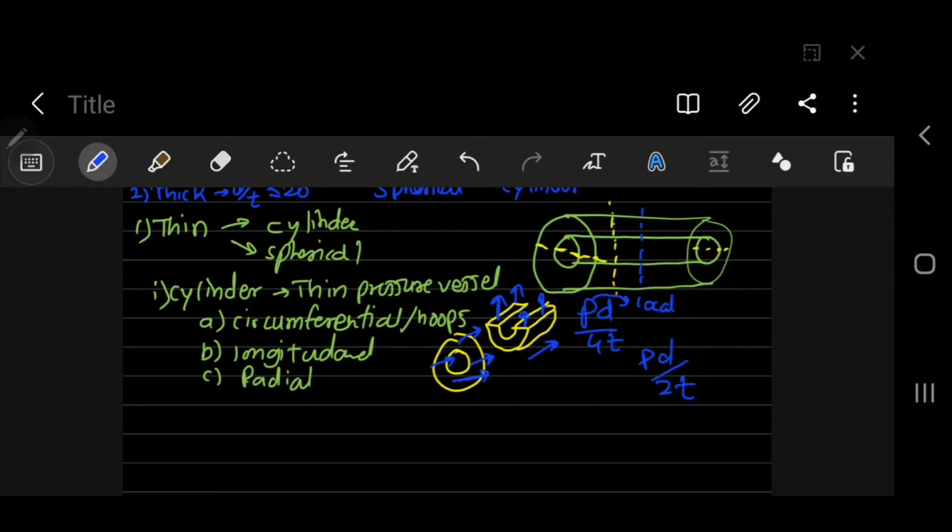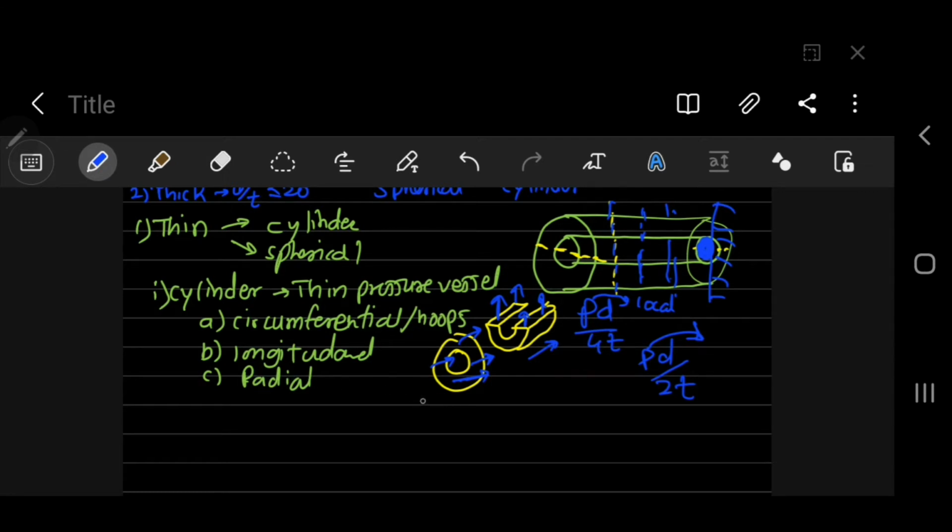This longitudinal stress comes only when the cylinder is fixed at the ends. So here the pressure should be taken as the end pressure. That is, the pressure which comes at this point should be taken as the value of P, and this pressure will be of the same magnitude throughout the length. This will be the same here, same here, same here. This will be PD by 2T.